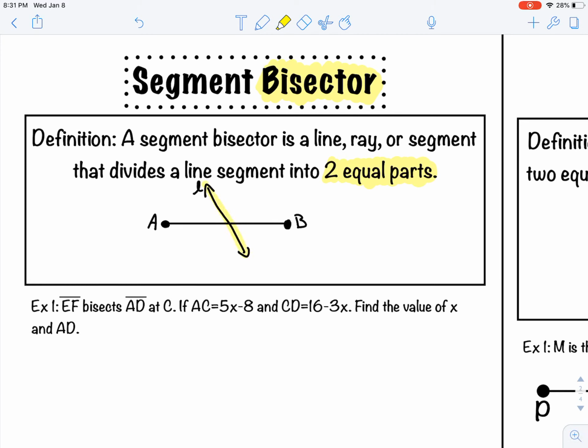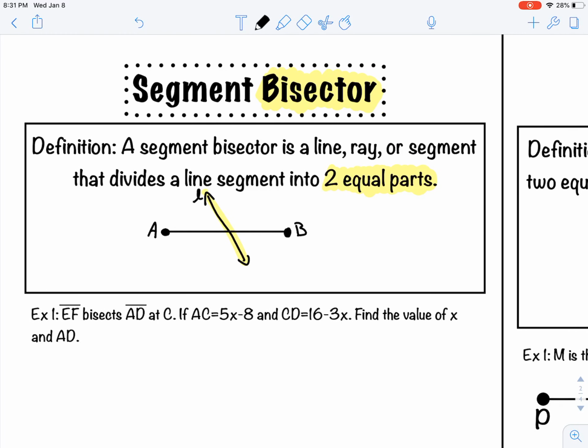Okay, he is cutting things. All right, so bisect sounds like the word dissect. When we dissect frogs in science and things like that, you're cutting open the frog.